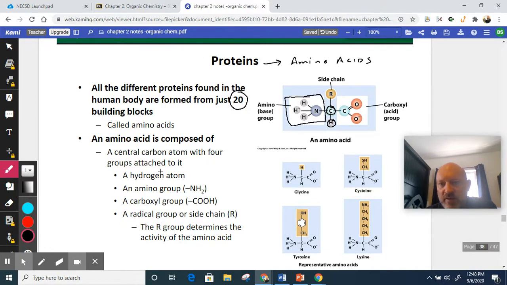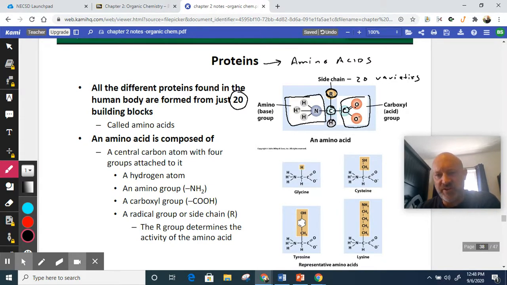And then they have a carbon with this carboxyl group with these two oxygens here. So they all have that. Now, what makes them different is what's coming off of here. This is called the side chain. And there's 20 varieties of these different side chains. And the side chains is what gives the amino acids their unique properties, right?